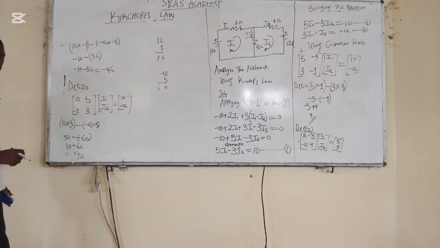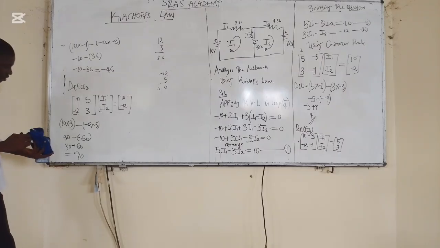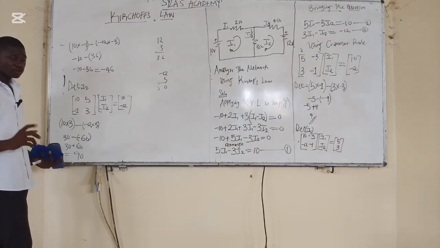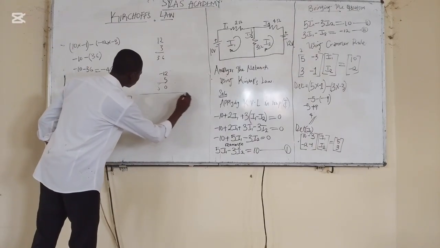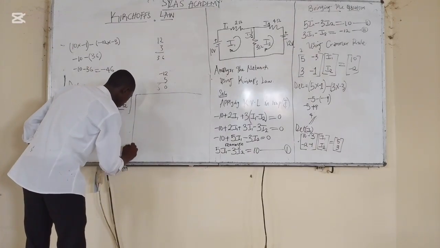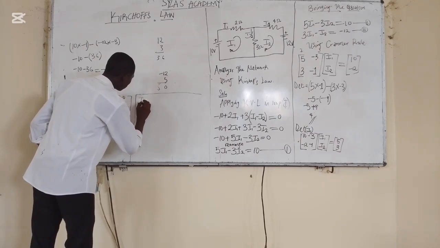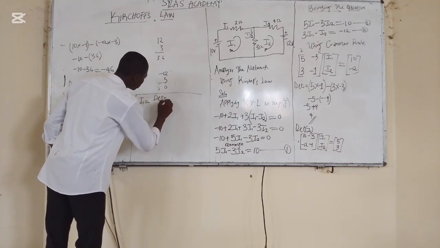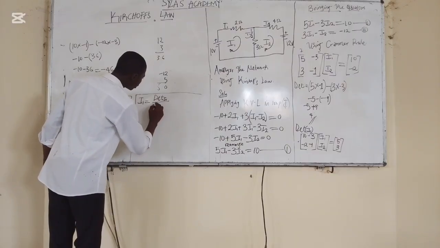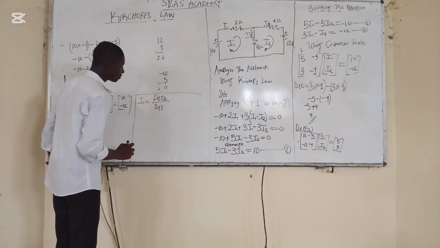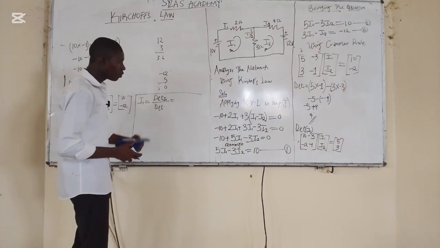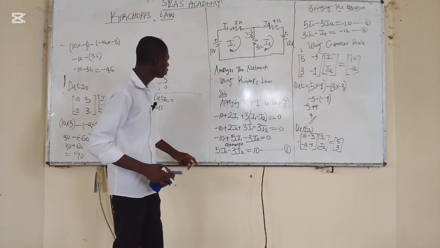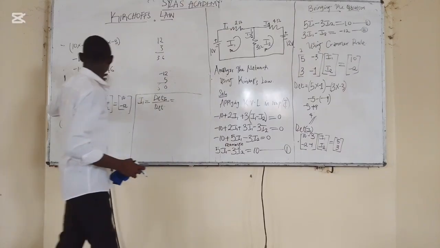Don't forget what you are finding. You are finding the current for current 1 and current 2. In getting your current 1, you are going to say the determinant of I1 all over your real determinant. When we solved the determinant of I1, we got minus 46.